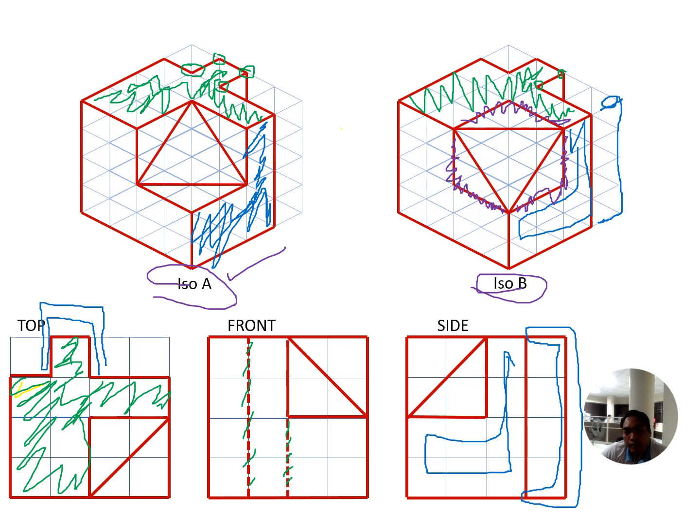So let's go to ISO A and let's discuss why is it na ganyan yung triangle niya dyan. From the top view, we could see that there's a slanting line or diagonal line. If we are to look from the top view, take this as point 1 and point 2. Kung pupunta tayo sa ISO A, nasaan kaya yung dalawang yan?